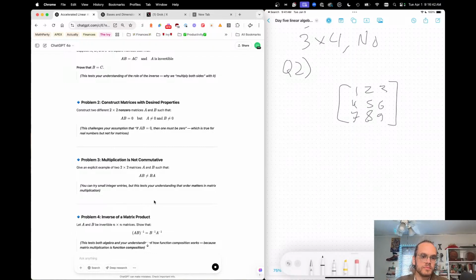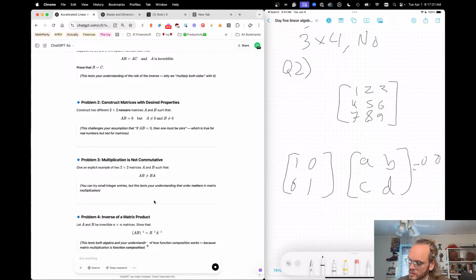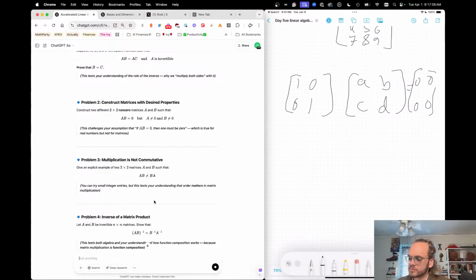So I guess I can set up a system like this. That's one way to approach problem number 2. And here I get that A equals 1 times A plus 0 times C equals 0. Is everything going to be 0? I hope not.